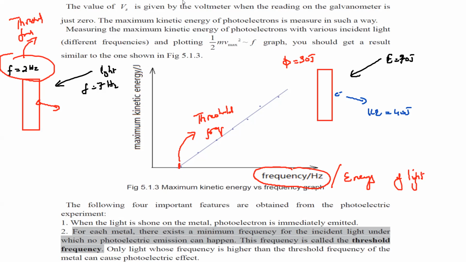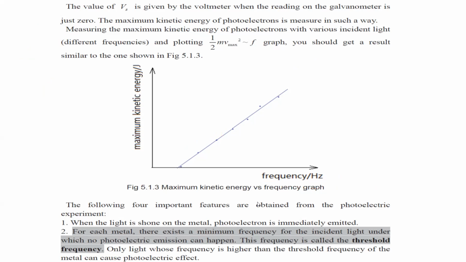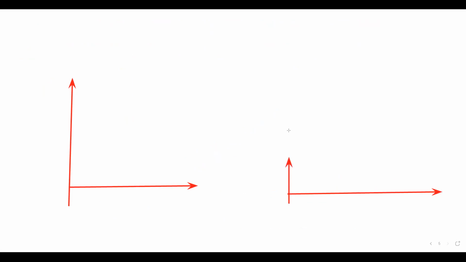So when we compare the two graphs, one is the kinetic energy of electrons against the energy of the incident light, and the other is the kinetic energy of electrons against the frequency of the incident light.